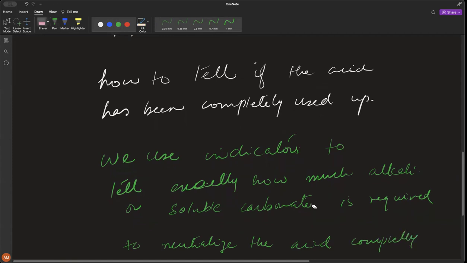Do you understand this? To neutralize the acid completely. What does this mean?